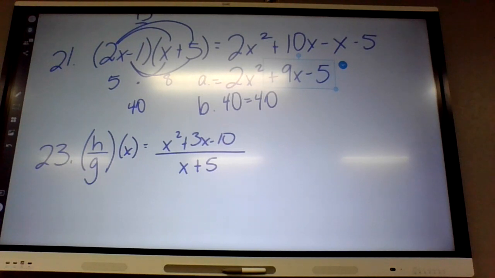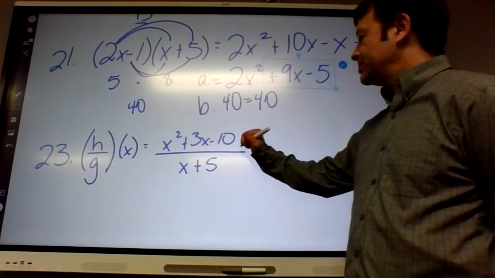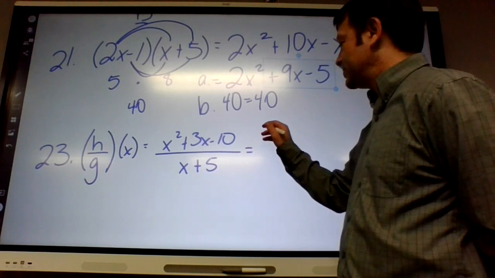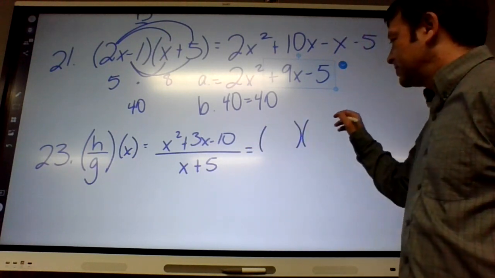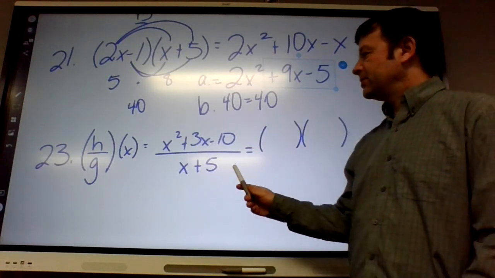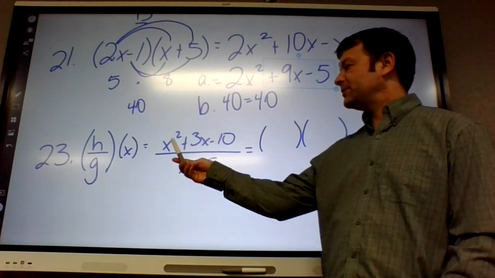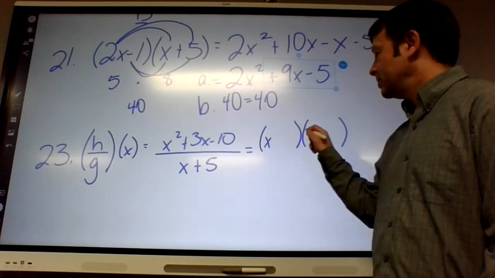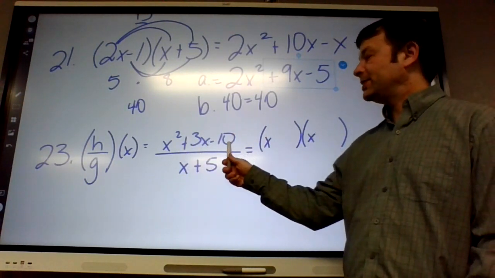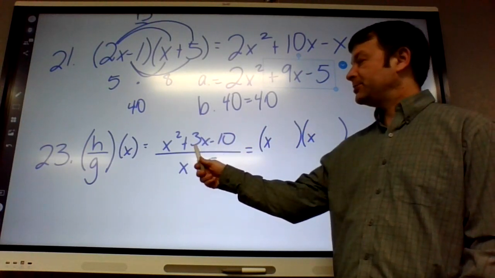Do you guys remember back when we did synthetic division and long division and all that stuff? There's kind of an easier way to do these, if it comes out nicely. The top should factor. What's this factor to on the top? What multiplies into negative 10 that adds up to 3?